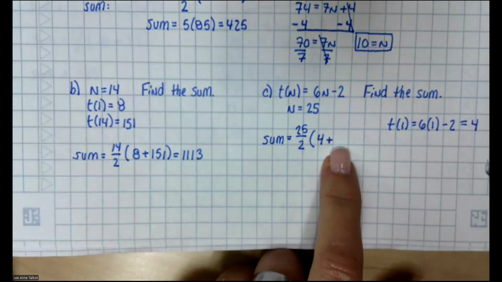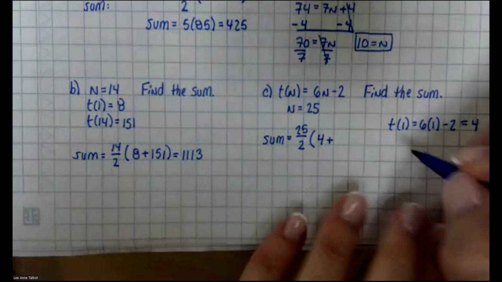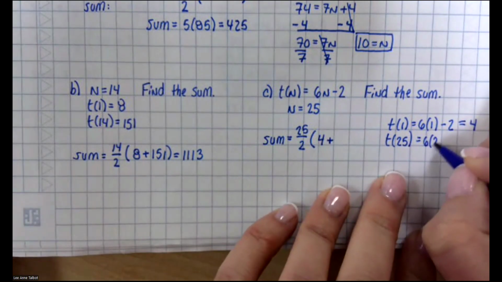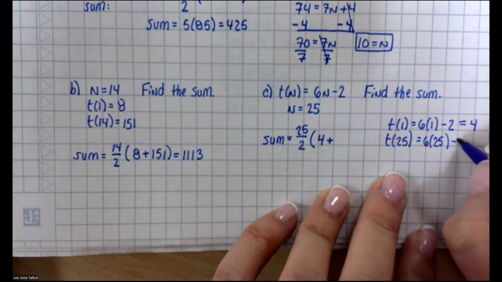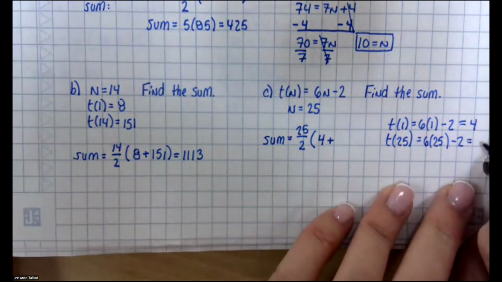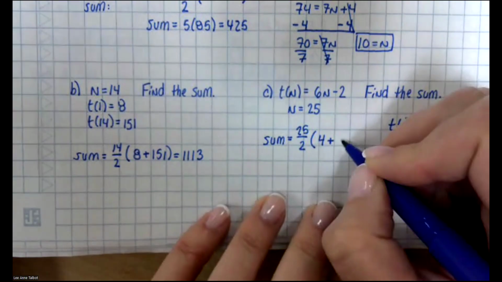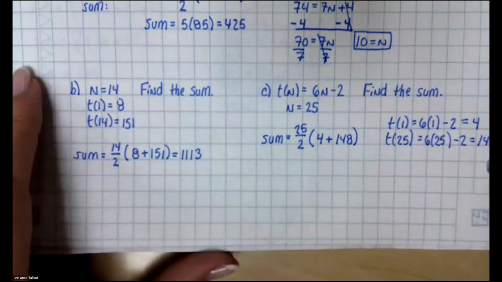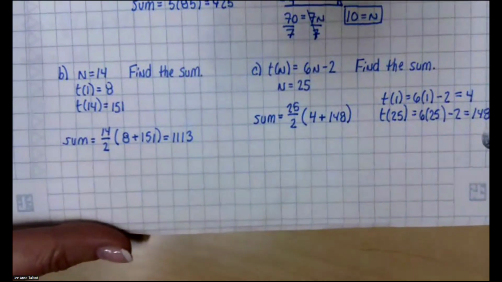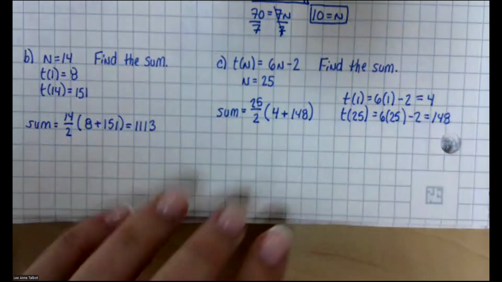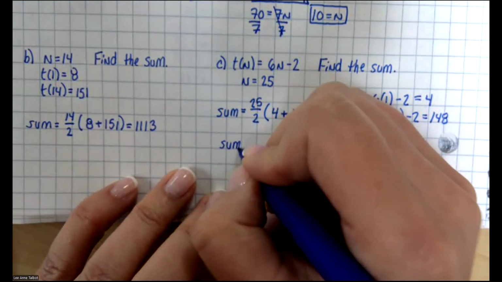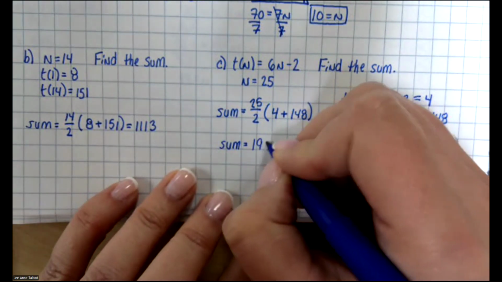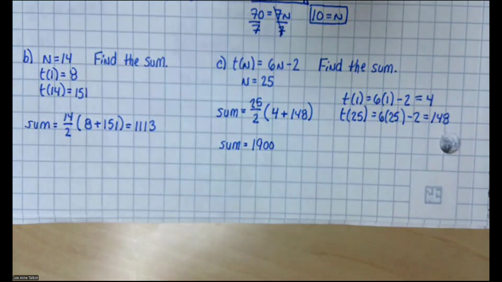I don't know the last number, but I have the equation. What should I plug in? 25. 1900.